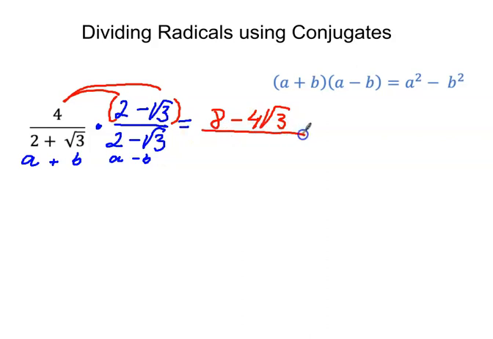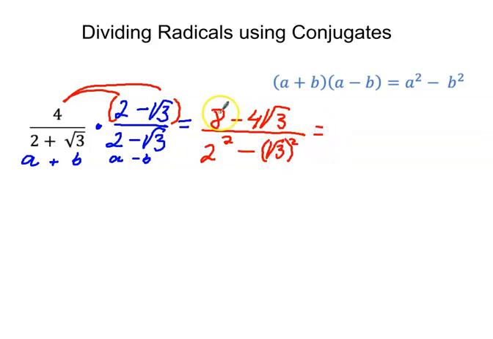Okay, so the numerator we distributed. For the denominator, we're going to follow this formula, and number 2 stands for a, so we're going to write 2 squared minus, and for square root of 3, we're going to write square root of 3 squared, in parentheses.